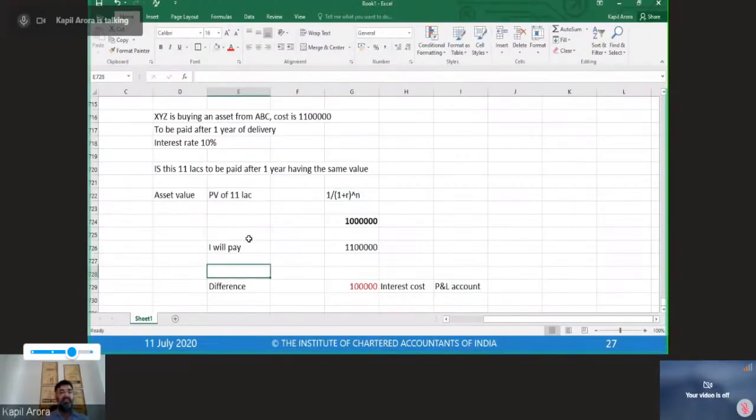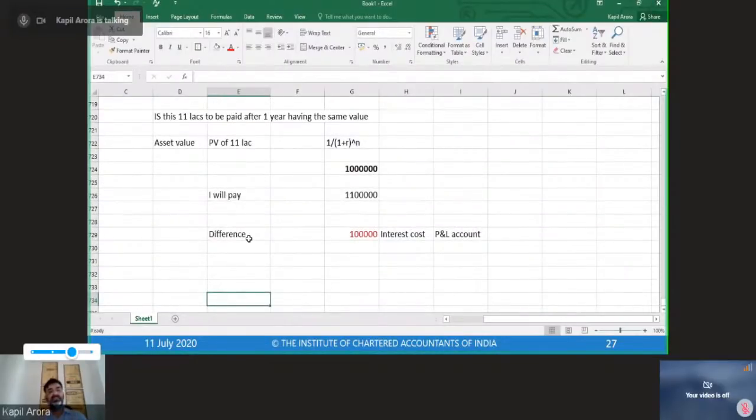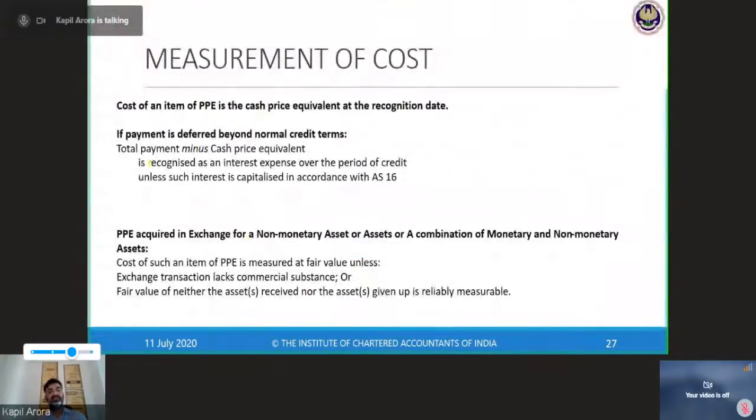This happens when there is deferred payment beyond normal credit terms, because we are applying the time value of money concept. The time value of money which we have considered in the decommissioning cost, we will consider the same time value of money in our purchase price also.